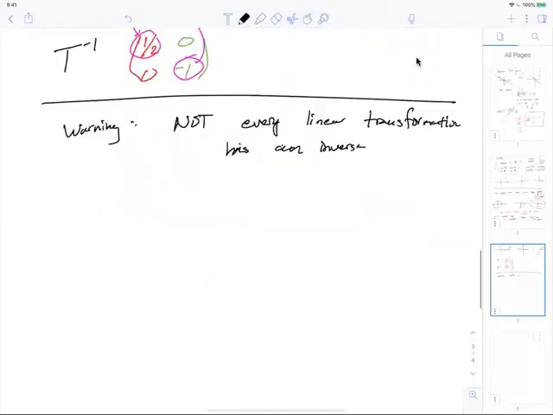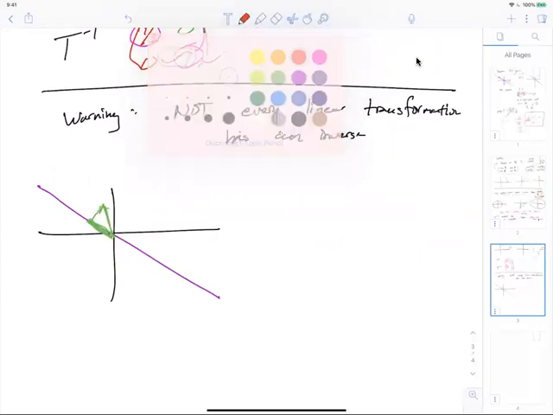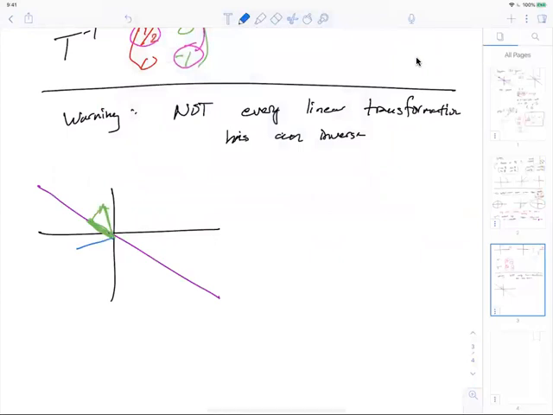Right? And so just geometrically, what's one where that doesn't work? That's the projection. So for example, I might have two vectors. I might take this vector, which comes right down onto it. And then I might take a different vector that comes down right on the same thing.